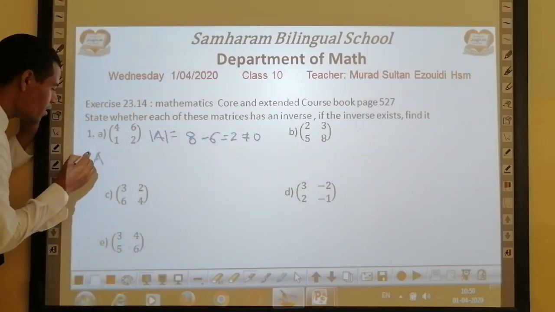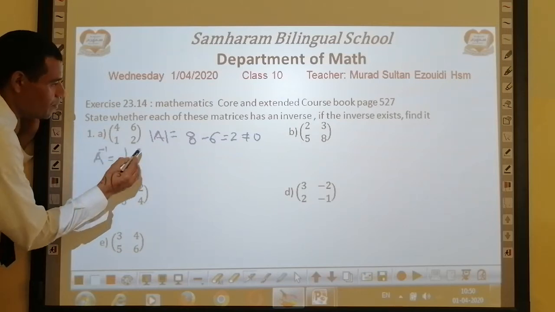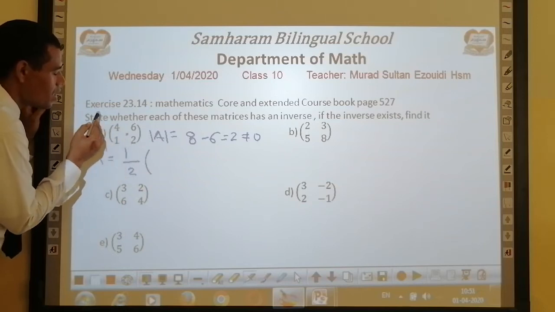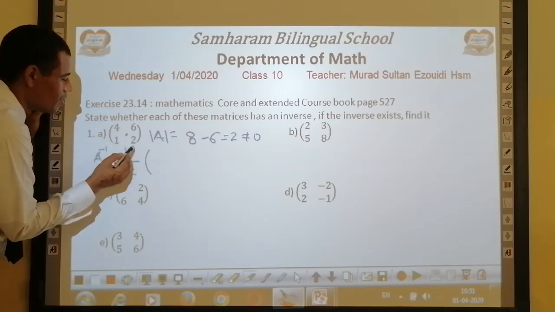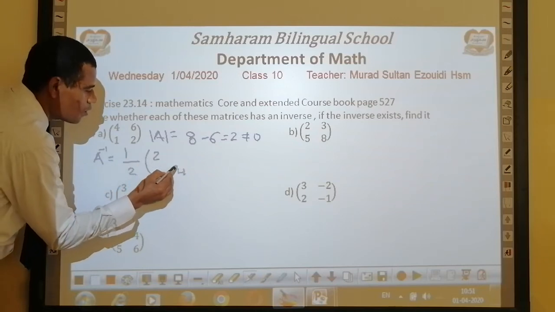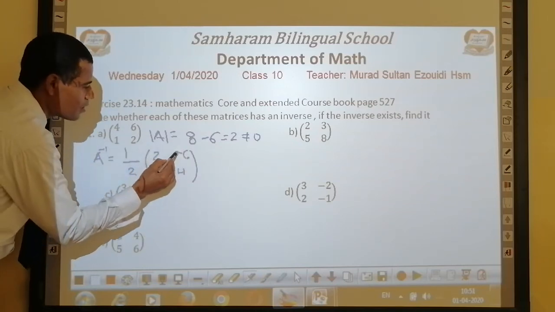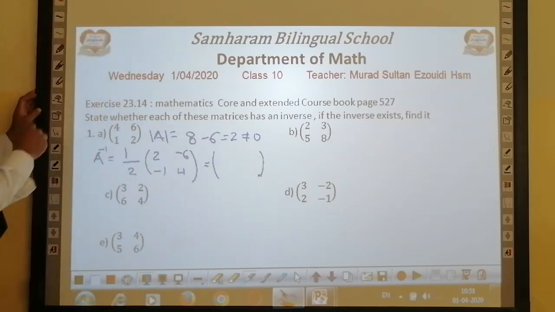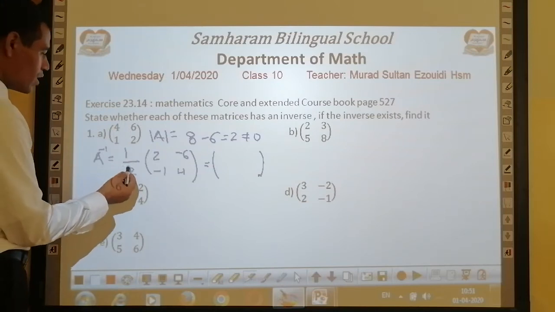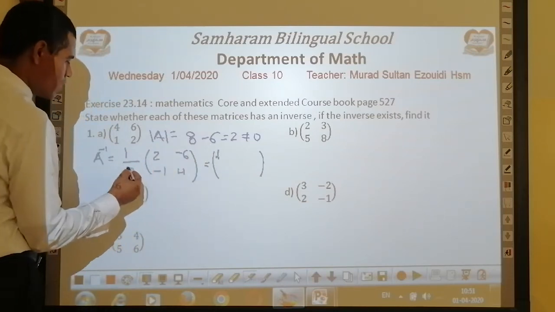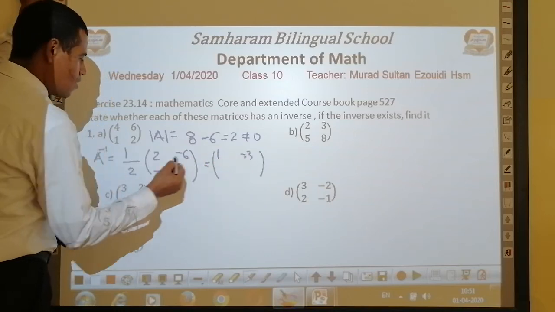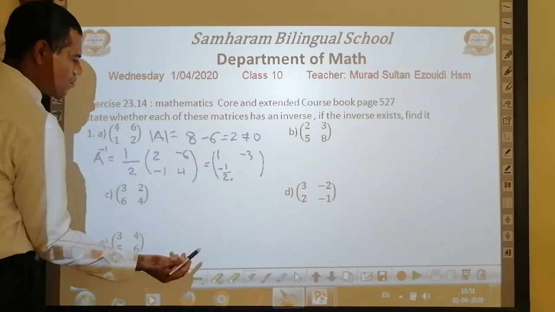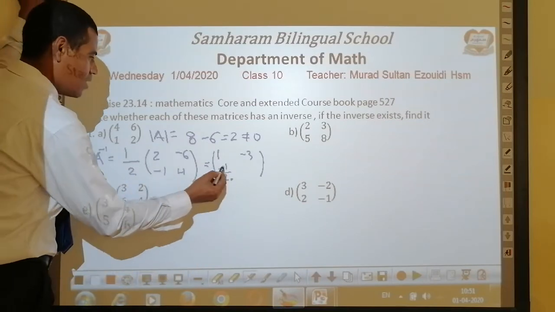So A inverse equals 1 divided by the determinant, 1/2, multiplied by the matrix obtained by swapping the main diagonal: 2, -1, then here -6, 4. Then just multiply the scalar by the matrix. 1/2 multiplied by 2 is 1, 1/2 multiplied by -6 is -3, 1/2 multiplied by -1 is -1/2, we can write -0.5, and the last one is 2.